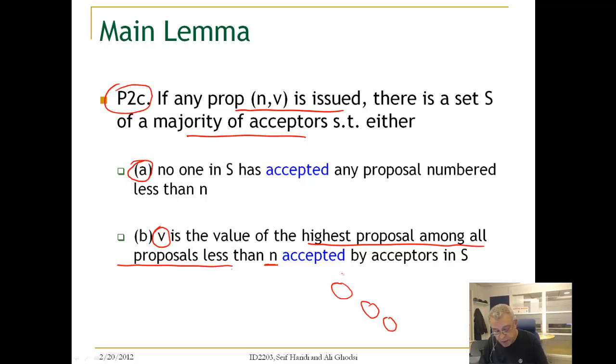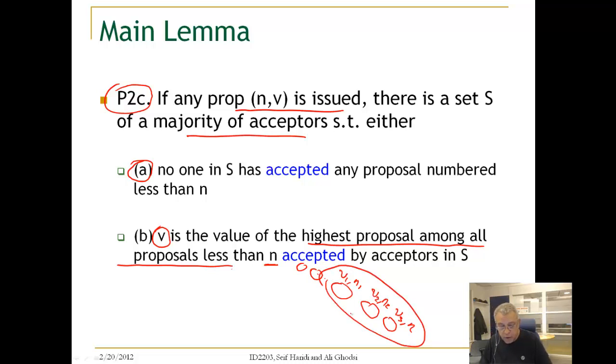Maybe this one has a value v1 with n1, this has a value v2 with n2, this has a value v3 with n3. Among, say, 5, there are 2 more, but these are a majority.